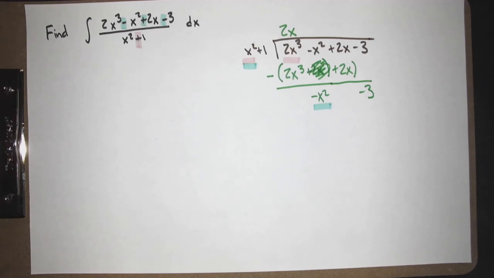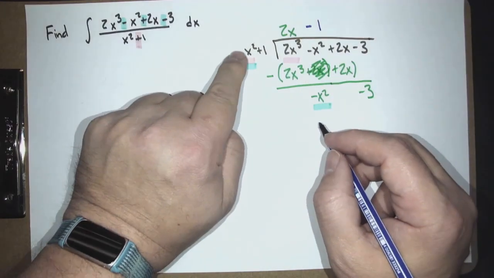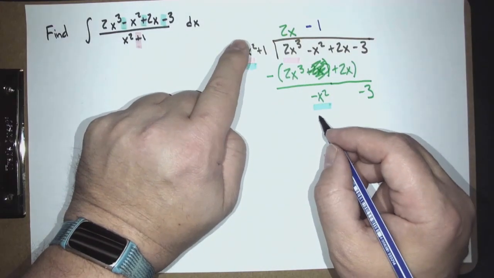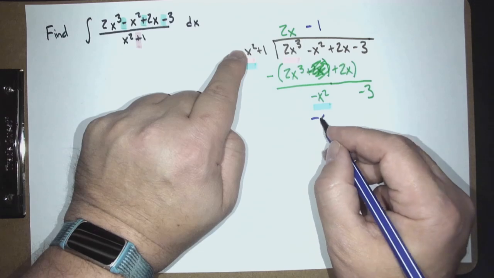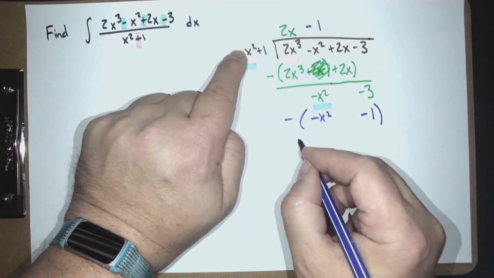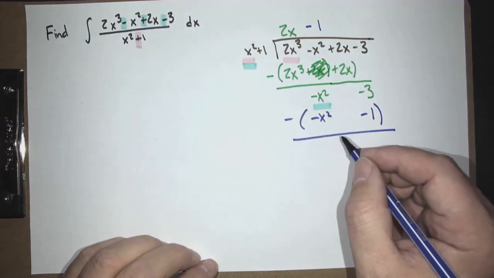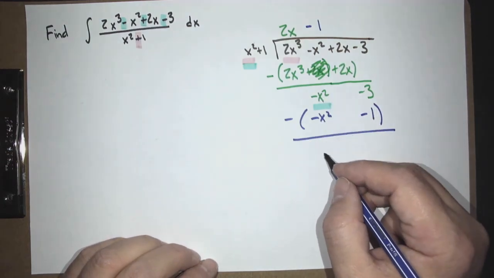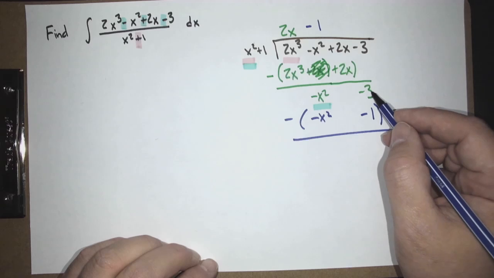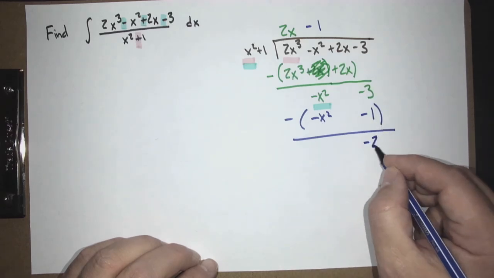Negative 1. So now I'm going to multiply x squared plus 1 by negative 1. Minus x squared minus 1, and then subtract. The minus x squared subtract minus x squared cancels, gone. Minus 3 subtract minus 1 gives us negative 2.